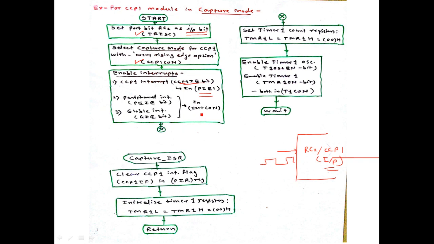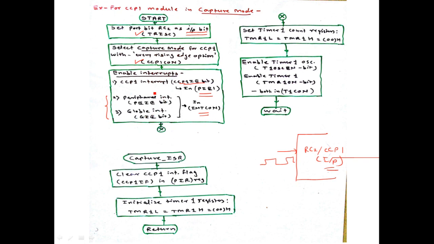Then in the interrupt control register, these 2 bits are there which should be set. One bit is the peripheral interrupt enable bit. It enables or disables all the peripheral interrupts at once. Another bit is the global interrupt bit, which enables or disables all the interrupts at once.